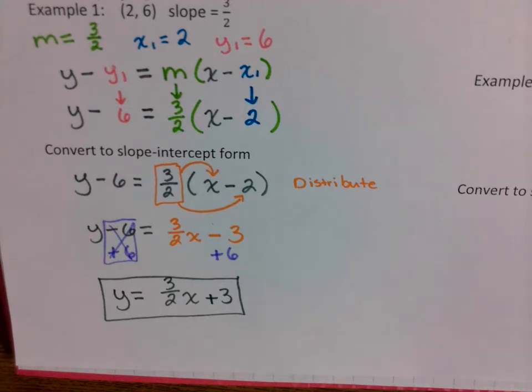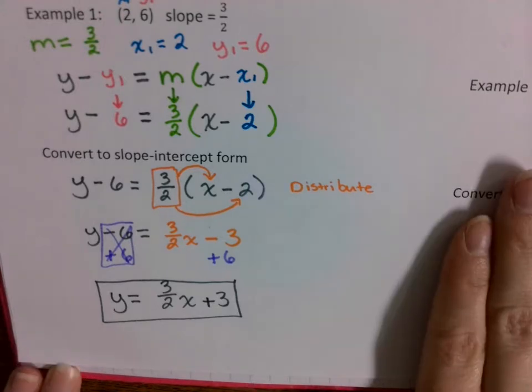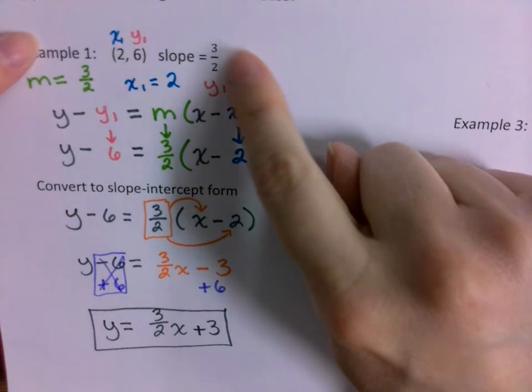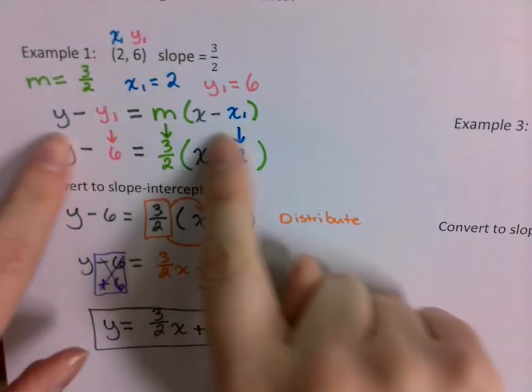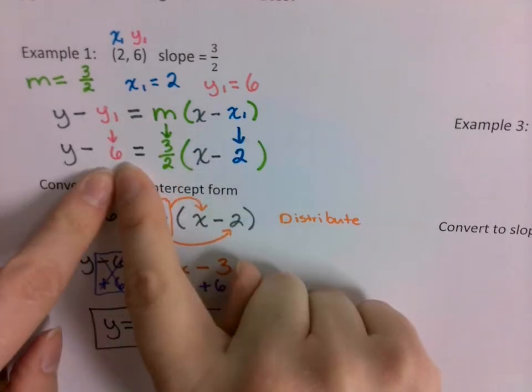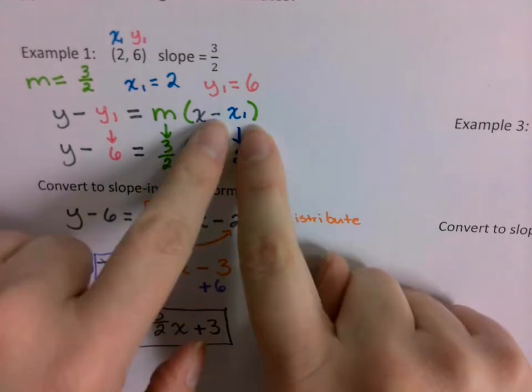Okay, so let me go over it just one more time. You're going to take the components that you have up here. You're going to take your slope and your x and y coordinates. You're going to substitute it into that formula. You're going to replace your y1 with whatever your y coordinate is. Replace your m with whatever your slope is. Replace your x with whatever your x coordinate is.